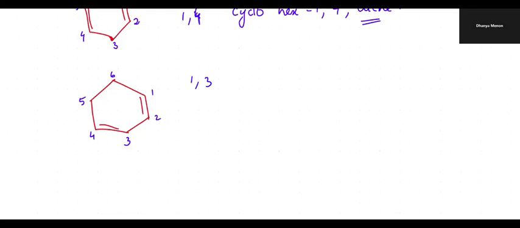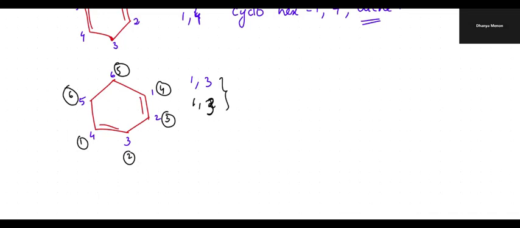I can also number it from here, 1, 2, 3, 4, 5, 6. I can number it from there also. And what are the positions I'm getting in that case? Sorry, 1 and 3. See the black one, 1 and 3. In either way, both are getting numbers 1 and 3 for the double bond.